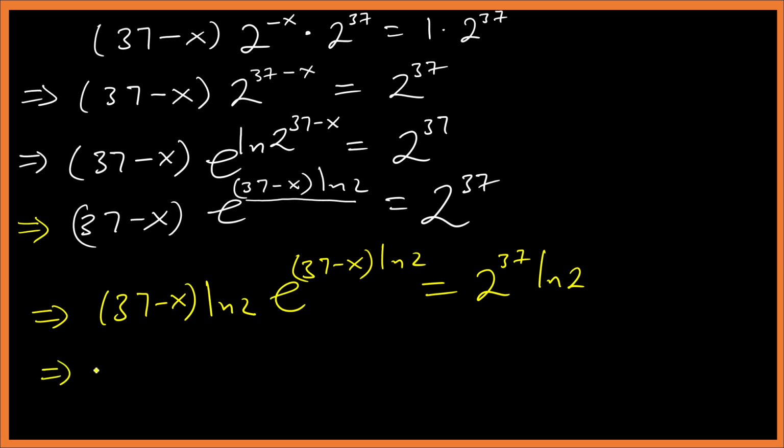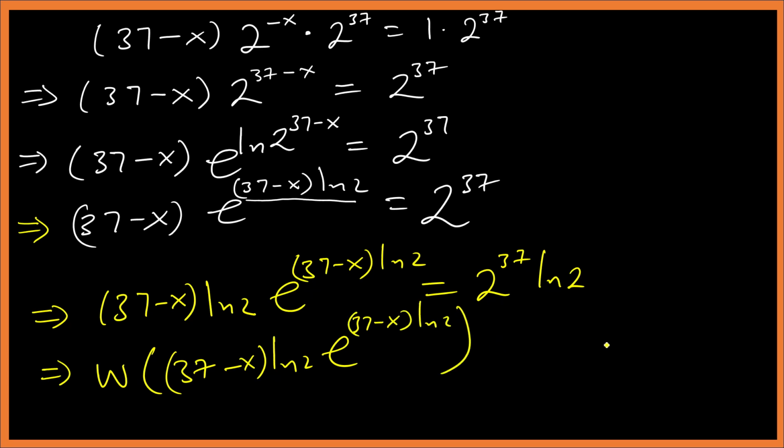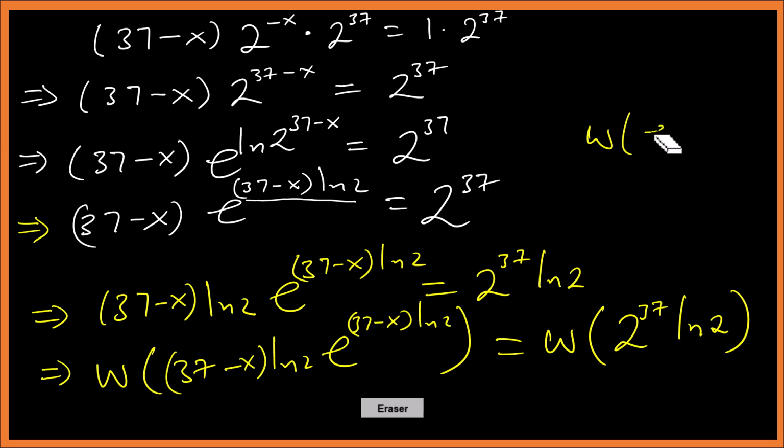Okay, so I'll take the W function. So we have 37 minus x ln of 2 e raised to 37 minus x ln of 2 equals W function of 2 raised to 37 ln of 2. So remember the rule, W function of x e raised to x, the answer is x.